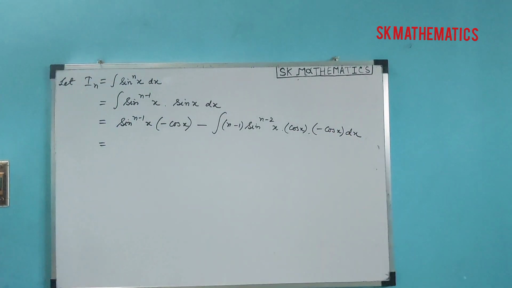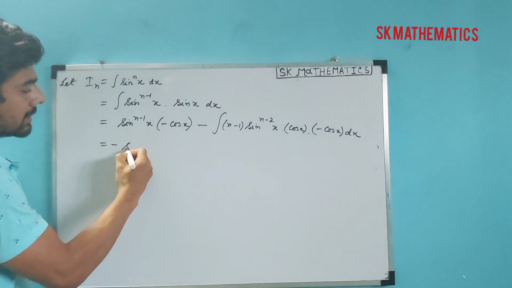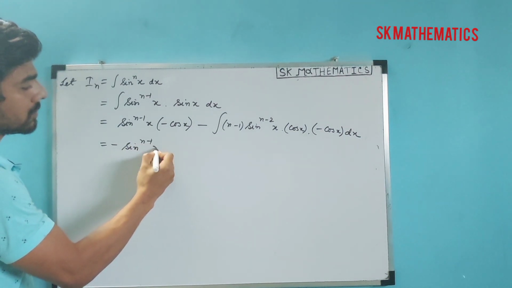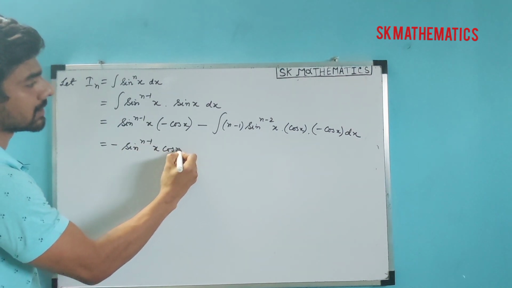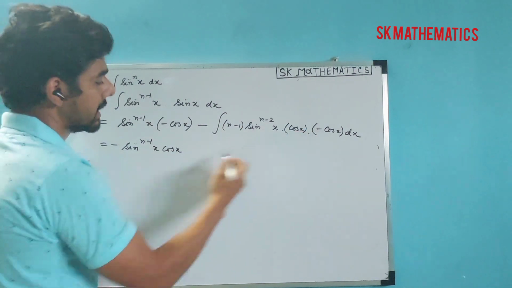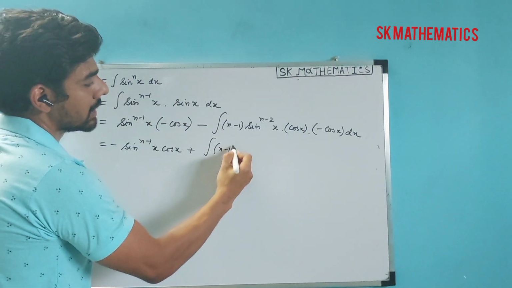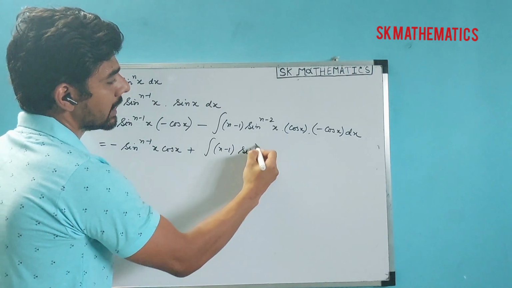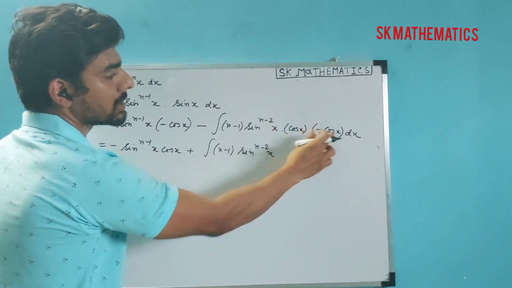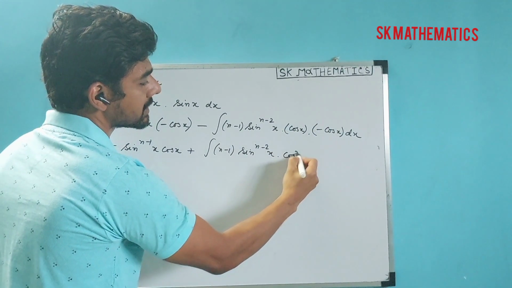For the next part we write it like that: sin^(n-1) x cos x. So minus minus we get plus, the integration of (n-1) sin^(n-2) x cos x, giving cos^2 x.